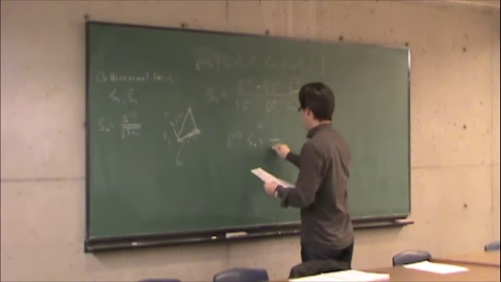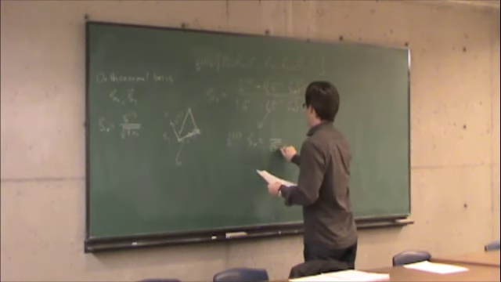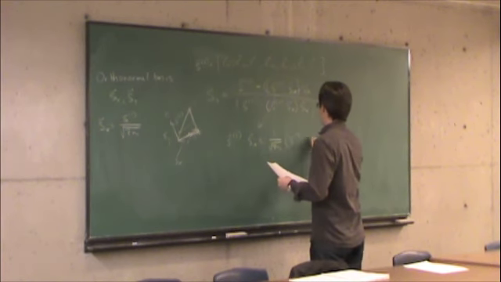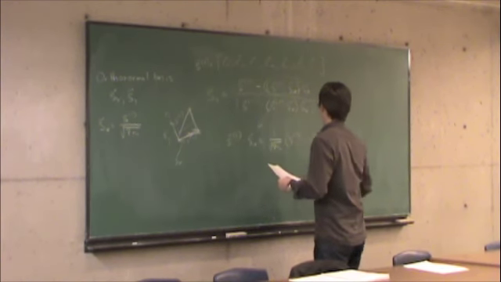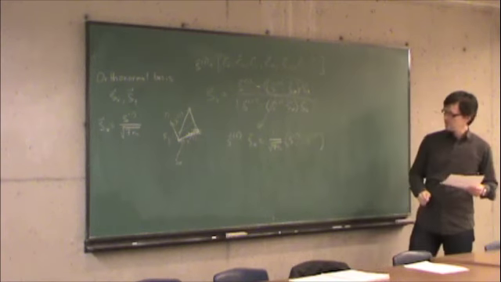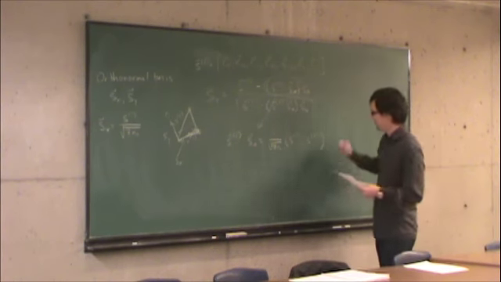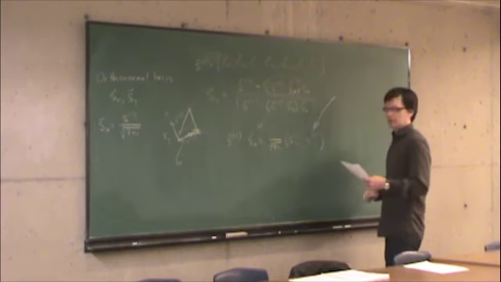So we get 1 over root 7NC times S1 dot S2. This is a fundamental quantity.